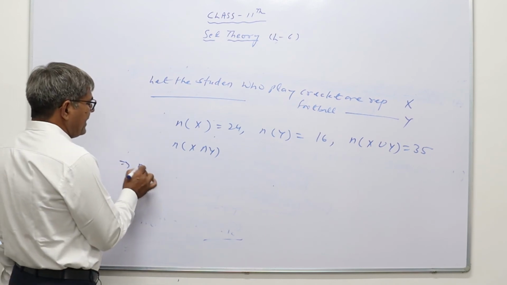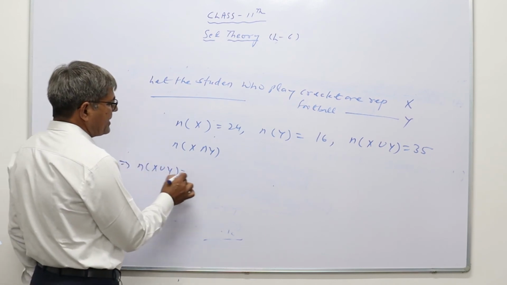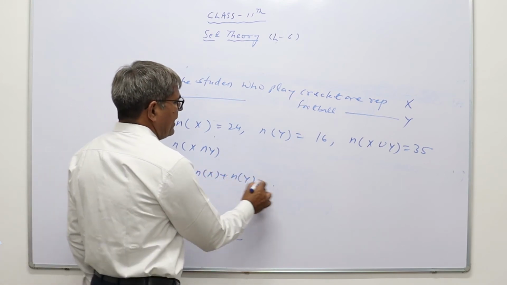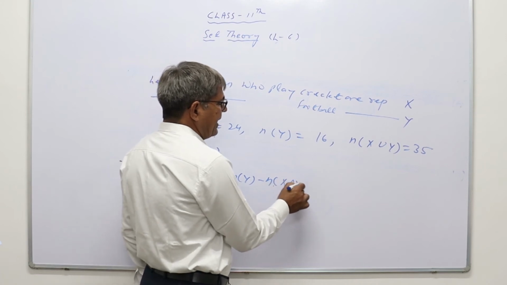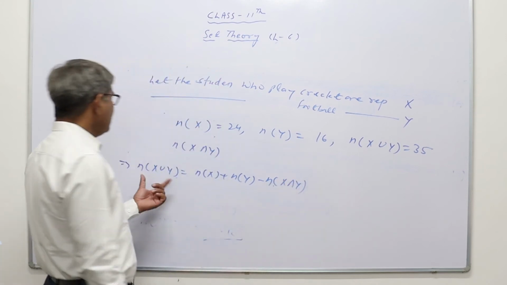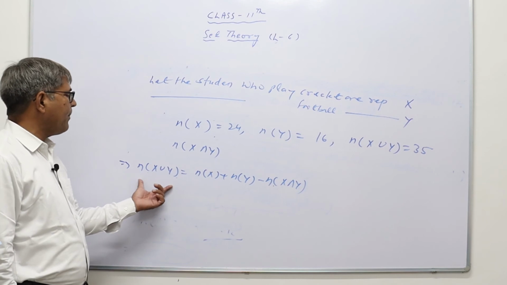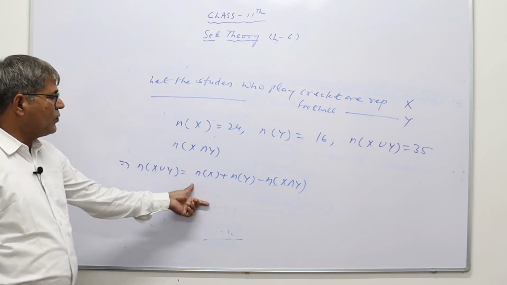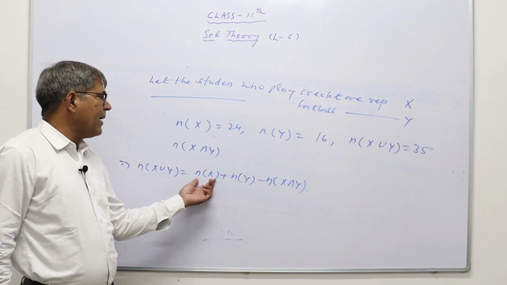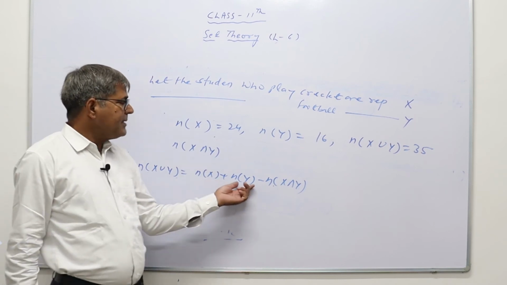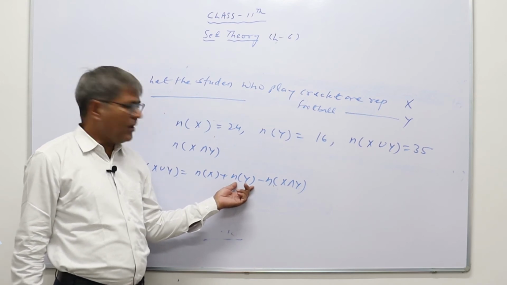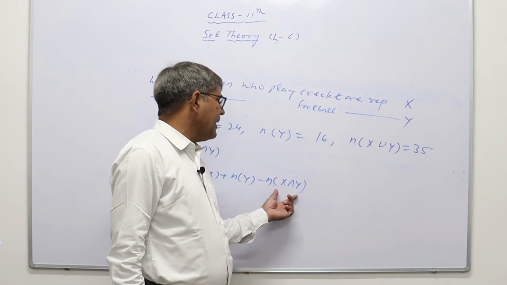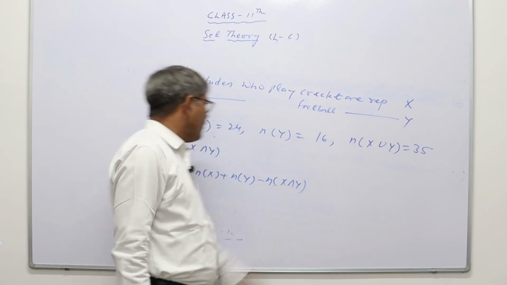So we know that n(X union Y) equals n(X) plus n(Y) minus n(X intersection Y). That is, the number of students playing cricket or football equals the number of students playing cricket plus the number of students playing football minus the number of students playing both cricket and football.